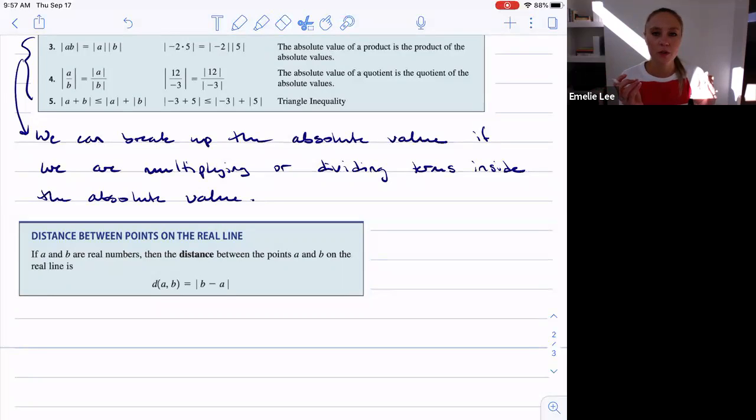We need to be careful, right? Because, and that's what this is saying, if A is the leftmost endpoint and B is the rightmost endpoint, then we take B minus A, which would be the same as 10 minus 4, and then we take the absolute value. We need to be careful if our leftmost endpoint is negative, right?